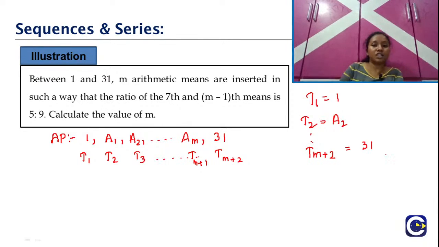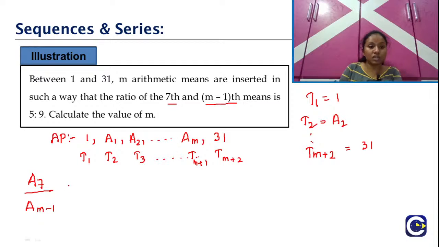Now the condition which they have mentioned here is that the ratio of the 7th and M minus 1th mean, that means the ratio of A7 and AM minus 1, should be equal to 5/9. Here they are not talking about the terms; instead they are talking about the means. That means the 7th and the M minus 1th mean, so A7 by AM minus 1 should be equal to 5/9.